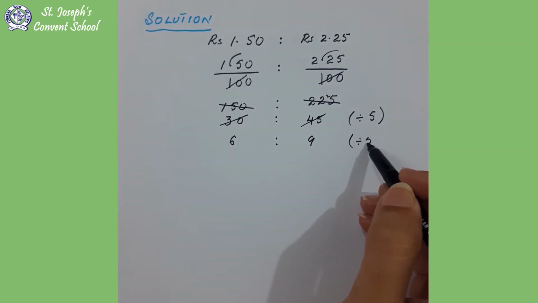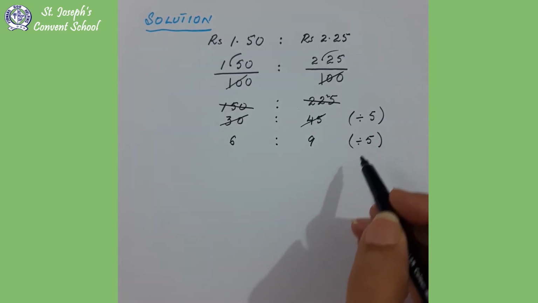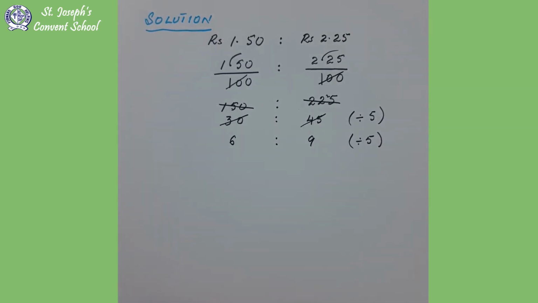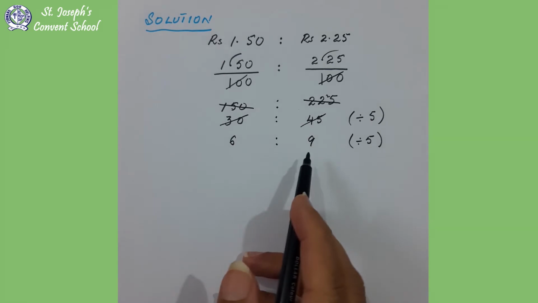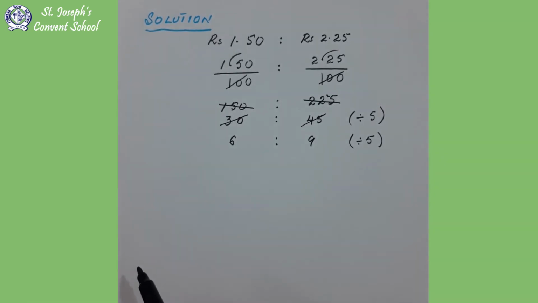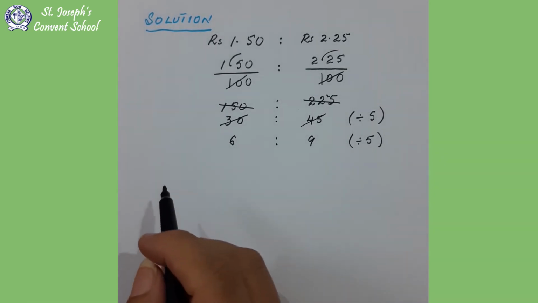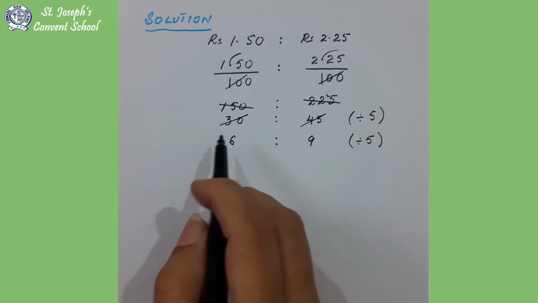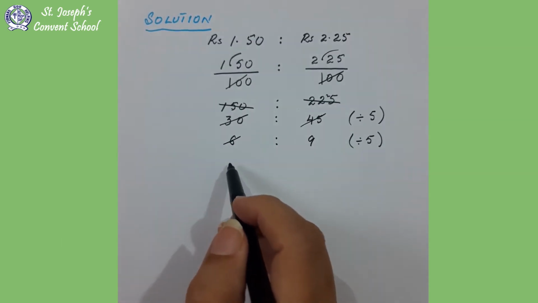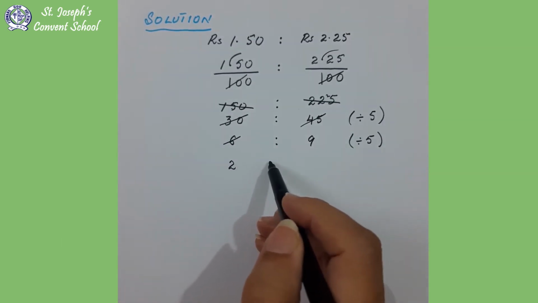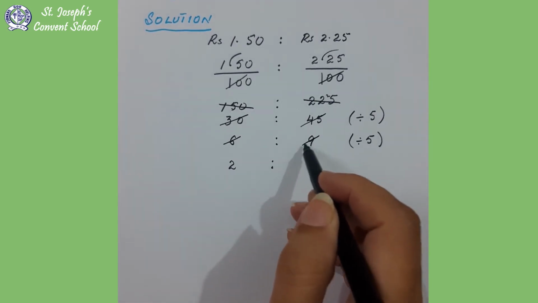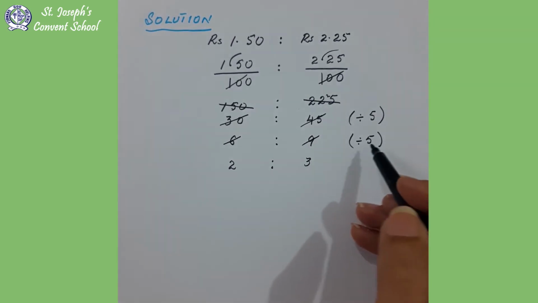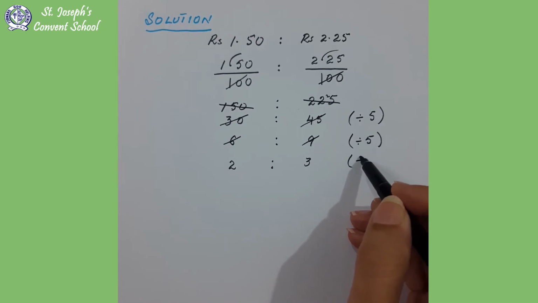You have to mention which number you are dividing by. Now again you can see 6 and 9 go in the table of 3. Divided by 3. 3 into 2 is 6, and 3 into 3 is 9. So we have divided by 3.